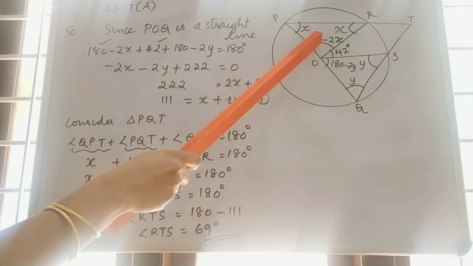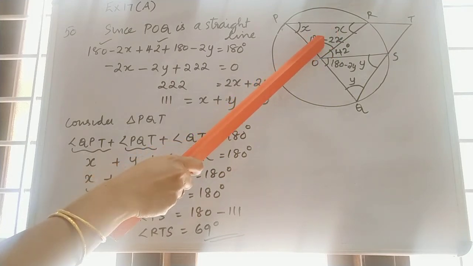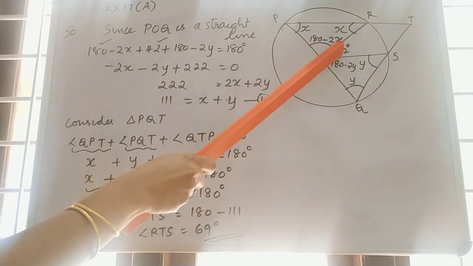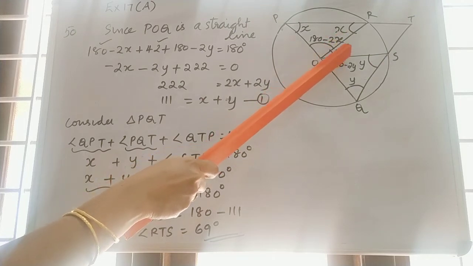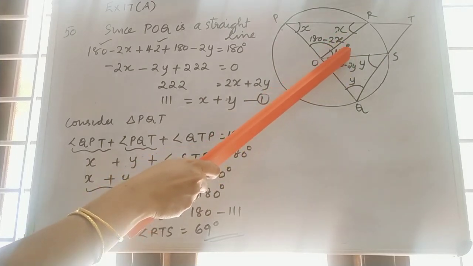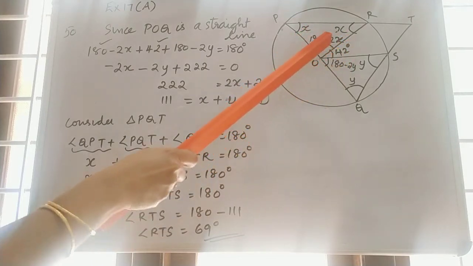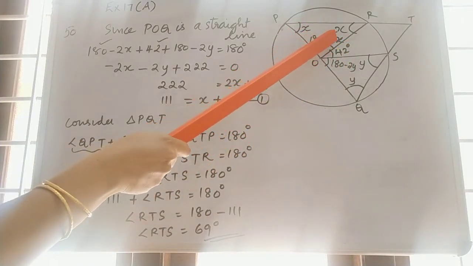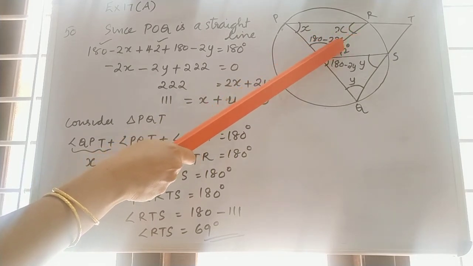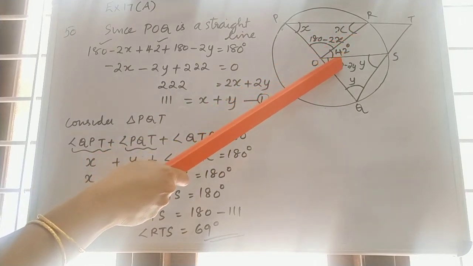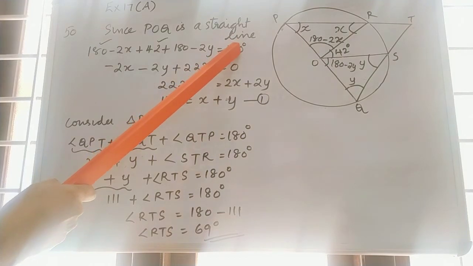So which sum? 180 minus 2x, this angle, plus 42 up to this angle, plus 180 minus 2y from here to here. This total will be 180 degree. So we can write 180 minus 2x plus 42 plus 180 minus 2y is equal to 180 degree.